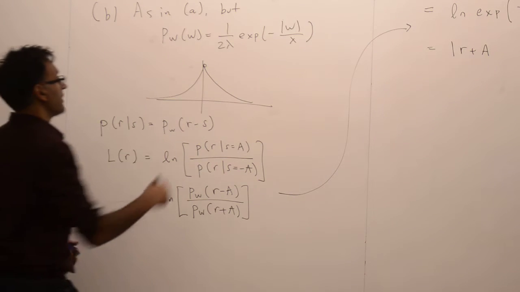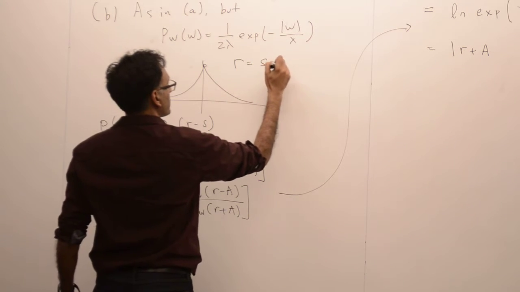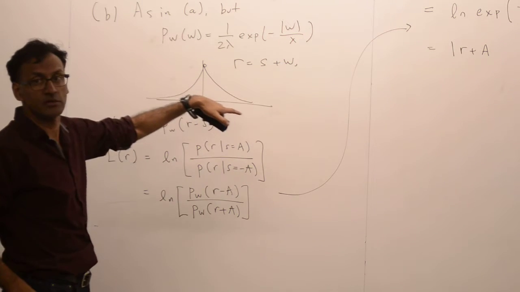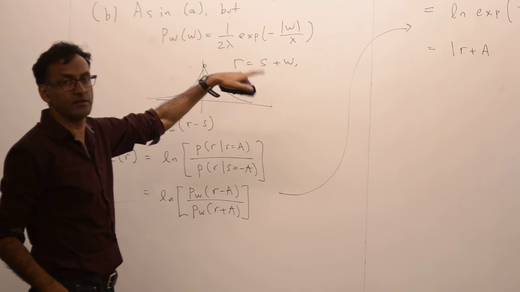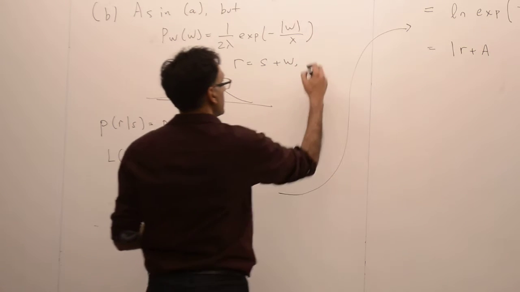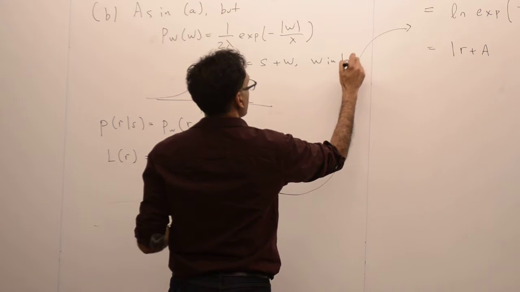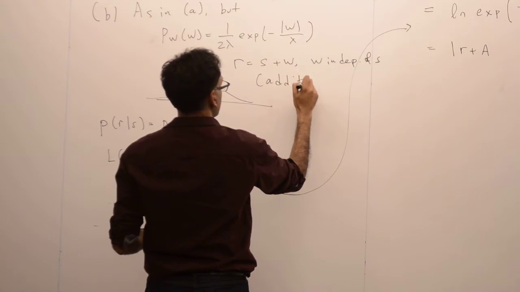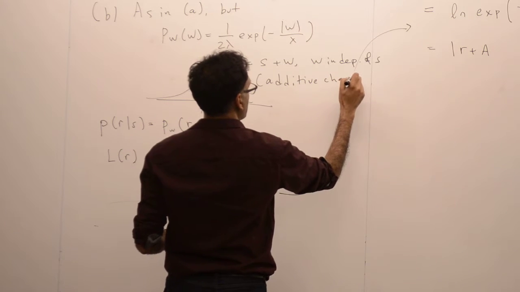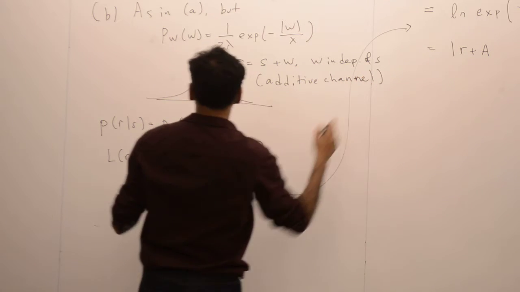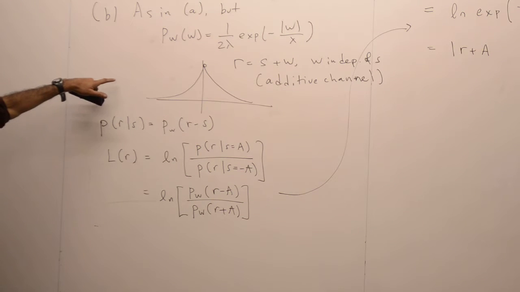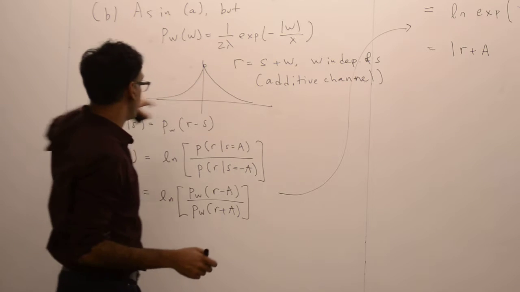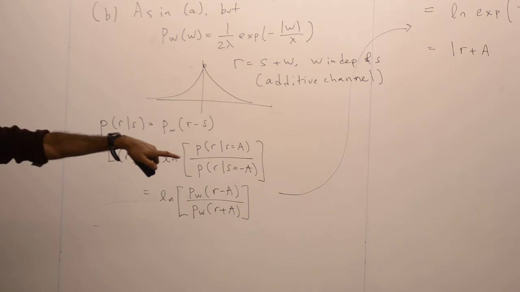Because R is equal to S plus W, once you see this, remember that this is an additive channel, as long as W is independent of S. So you definitely want to know this equation. If W is independent of S, P of R given S is just this.